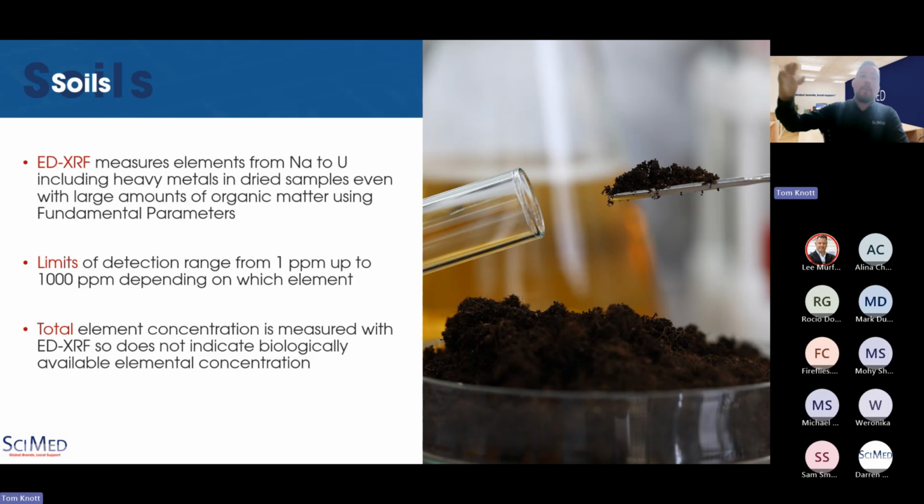So very forgiving, with a wide range of compositions, but you can also measure all elements simultaneously. So everything from the lightest to the heavy metals we want to closely monitor, you're getting signals from all that at the same time in a single instrument and a single analysis.